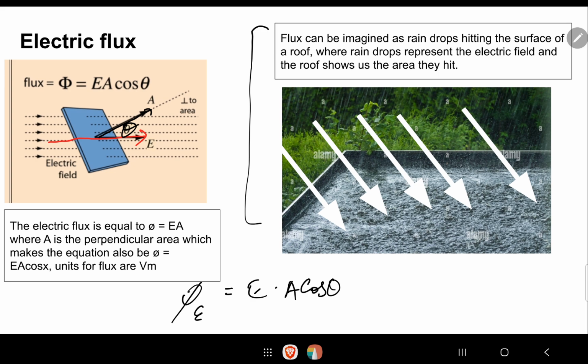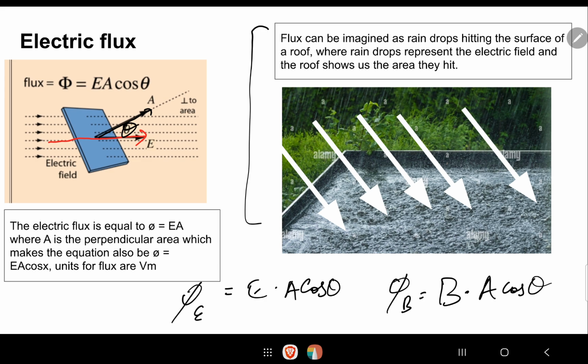Okay, so electric flux is extremely important because we're going to be understanding Gauss's law. To understand that, you have to understand electric flux. It's the same concept with magnetic flux as well. We saw magnetic flux is equal to B A cosine of theta, right?